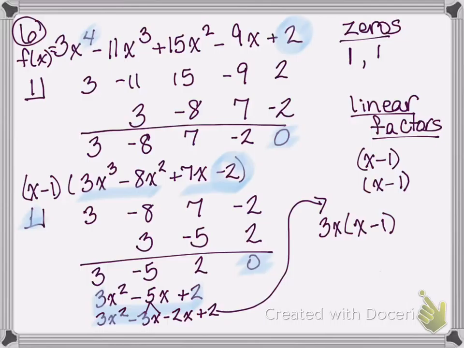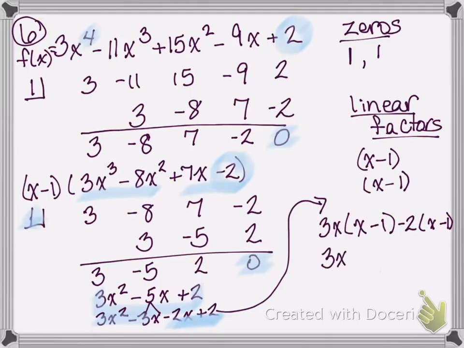When I multiply 3x times negative 1, I get negative 3x. Now I am looking at these second 2 terms. What can I take out of both of those? I can take out a negative 2. So I've got a negative 2 times x gives me negative 2x, and negative 2 times negative 1 is going to give me a positive 2.